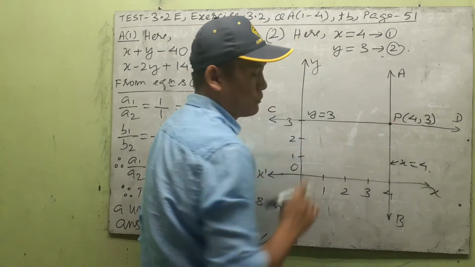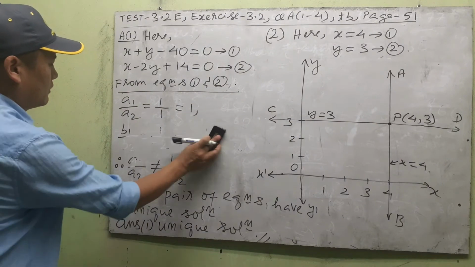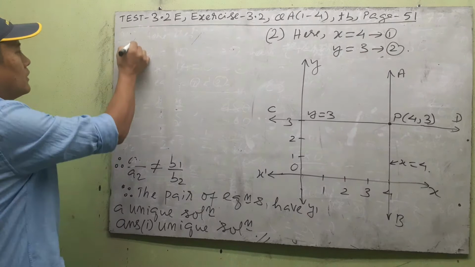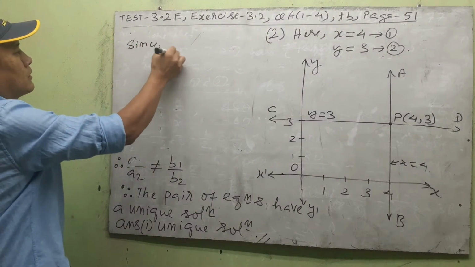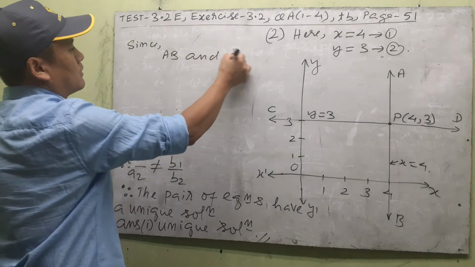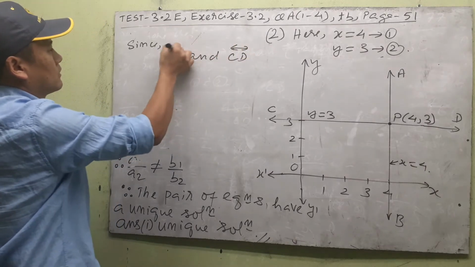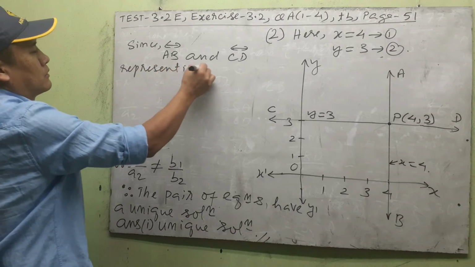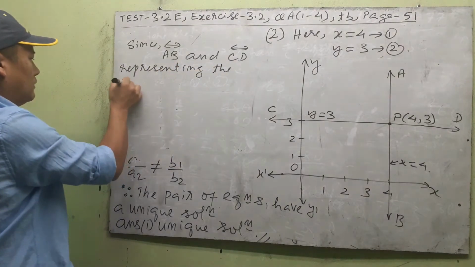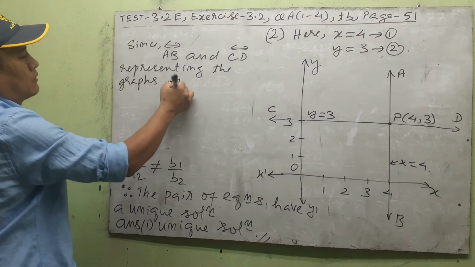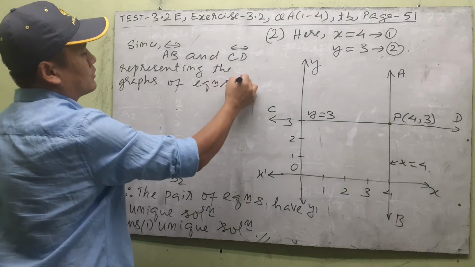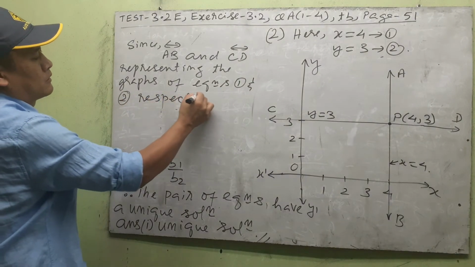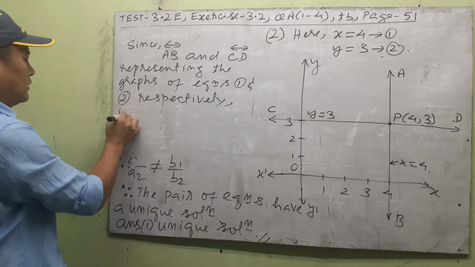So they intersect at point P. So we can write here, since AB and CD, the two lines representing the graphs of equations 1 and 2 respectively, comma, they actually intersect.